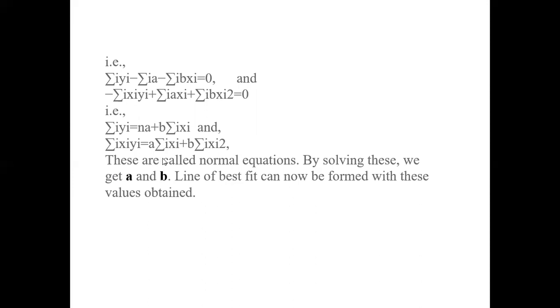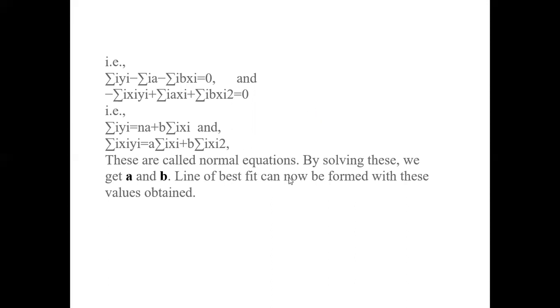These are called the normal equations. By solving these equations, we can find the values of a and b. The summation of yi, summation of xi, summation of xi into yi, and summation of xi square are found from the given data points.